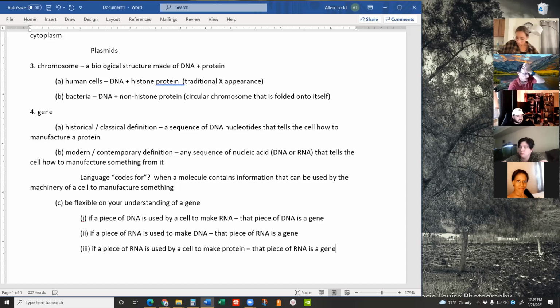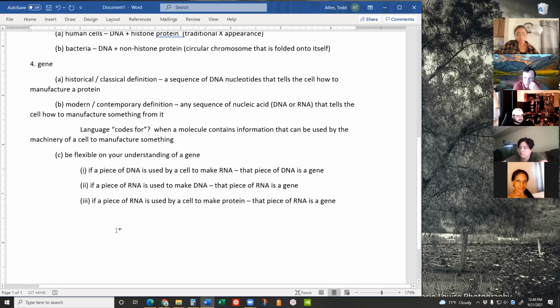If you've had some basic biology, you appreciate that typically DNA codes for RNA, which codes for protein. That's a very traditional way of thinking about things, and we're going to talk about that here in our course. But we need to be flexible, because in the field of microbiology, some genes are made of RNA and not DNA.